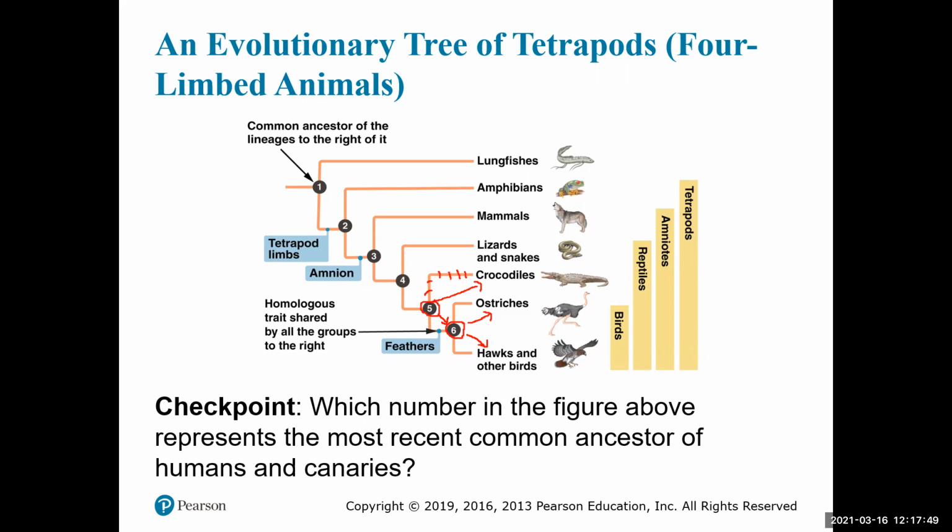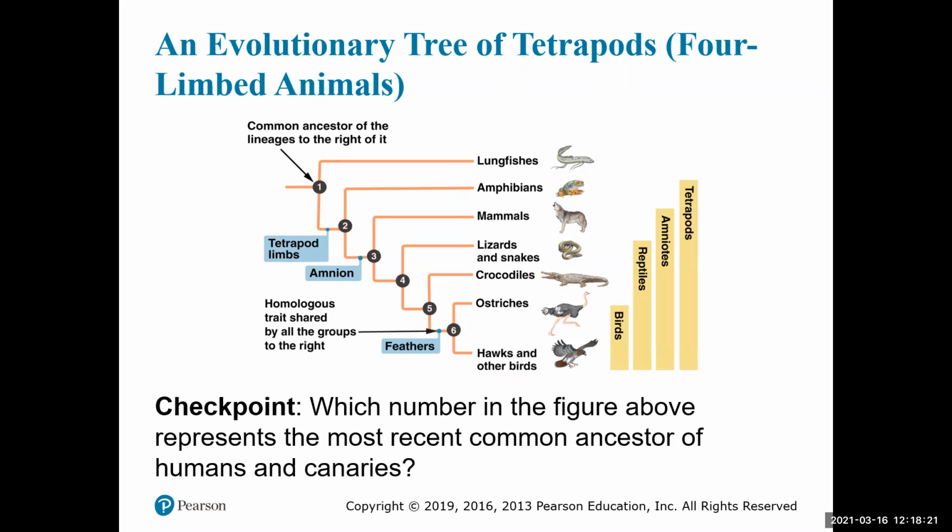And so what we can read with this evolutionary tree is that ostriches and other birds are more closely related to each other because they share a common ancestor than they are with crocodiles and lizards, right? Because they have a common ancestor, they're more closely related. This is an example of what we call sister taxa, okay?